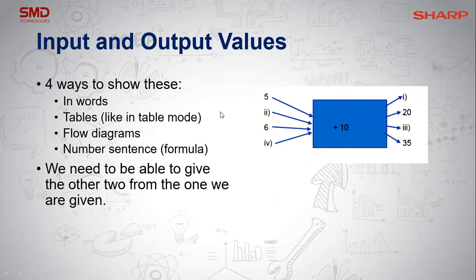Your flow diagram, again, from a grade 7 worksheet that we created. And then number sentences, which is your formula. So in grade 4 to 6, we don't generally use X's and Y's. We use the box method, 3 times box is equal to 9, and we work out what that means. So that's just a heads up on the number sentence as well.